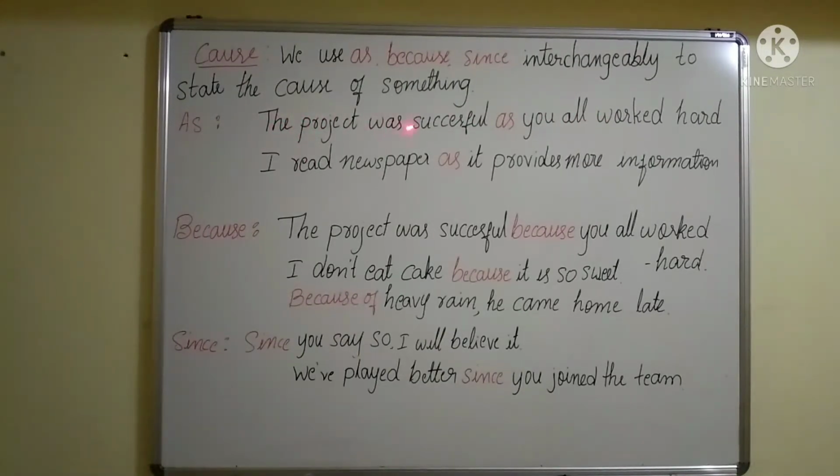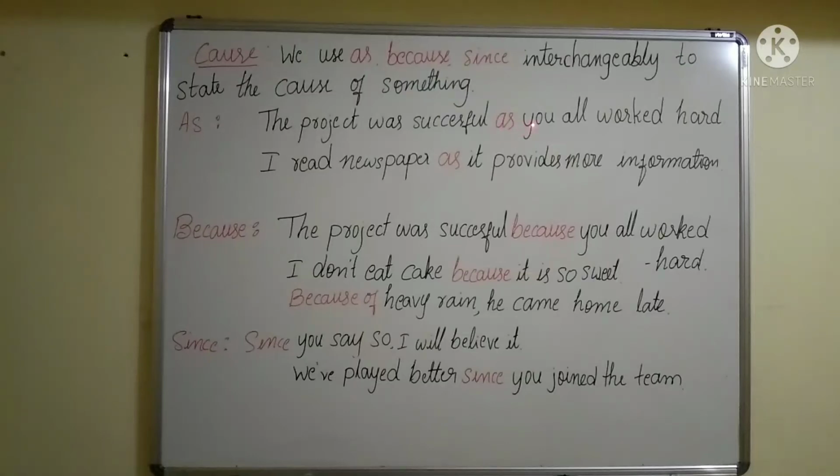This is a complex sentence. We generally use subordinating conjunctions in complex sentences. So here, the project was successful is an independent clause. Then, as you all worked hard is the subordinating clause.